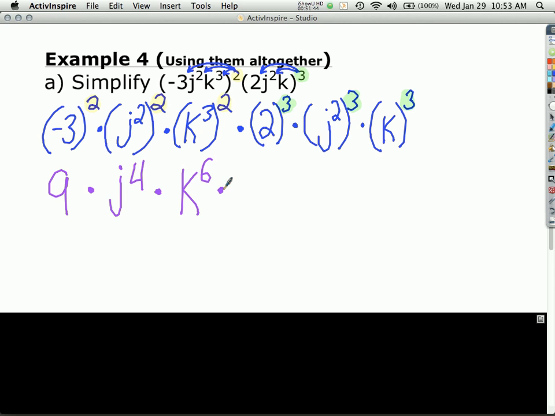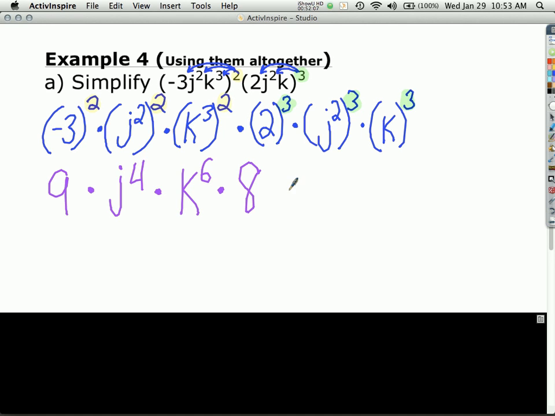So now we've got 2 to the third. Well, what's that going to be? That's not power of a power. That's just powers. What's 2 to the third power? Kayla? 8. That's not a power anymore. It's just a number 8.